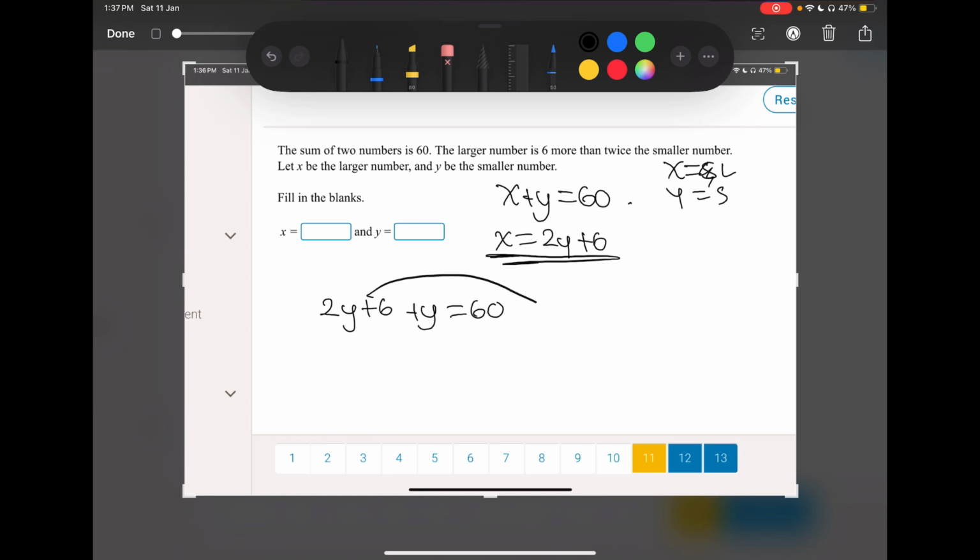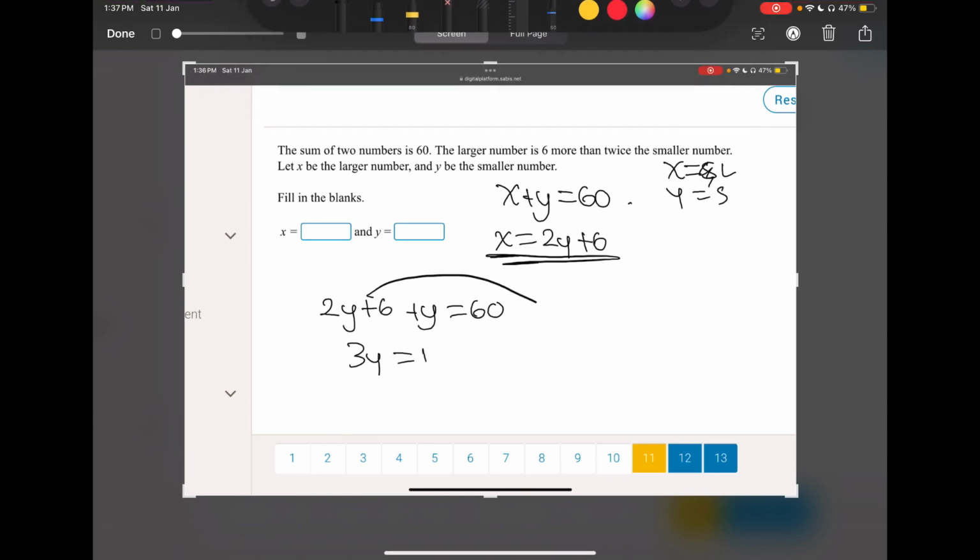Take 6 to the other side, you're gonna subtract. 60 minus 6 is 54. 3y equals 54, y equals 18. Now we need to substitute y equals 18 into this equation again.